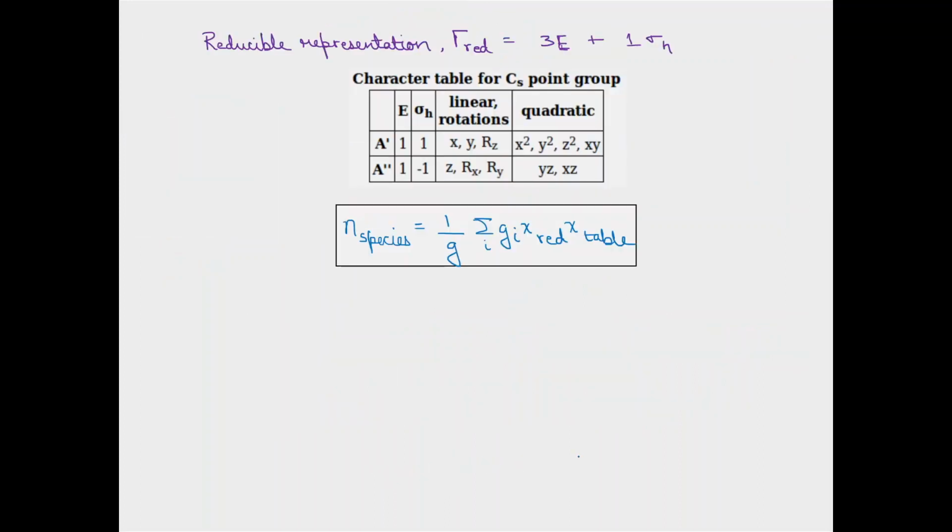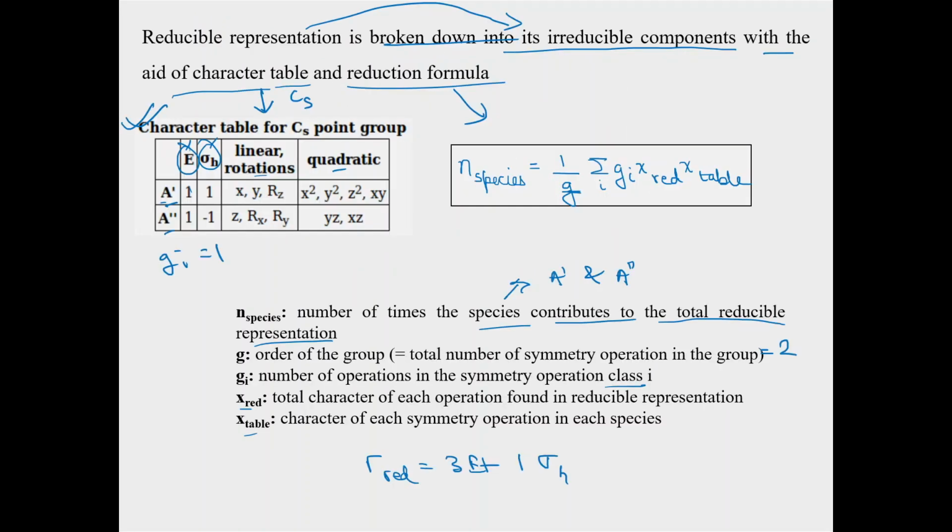So using this character table, this reducible representation and this reduction formula, now we will find out n species, the number of times each species contributes to the total reducible representation.